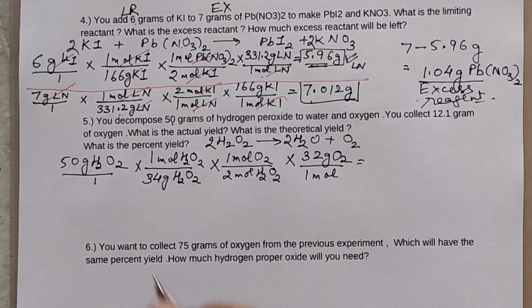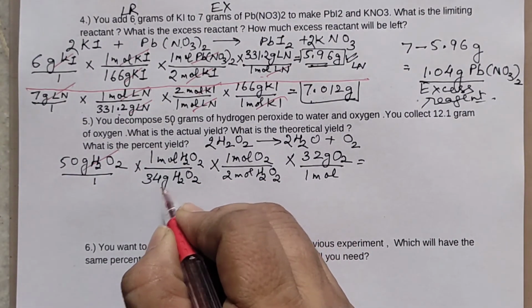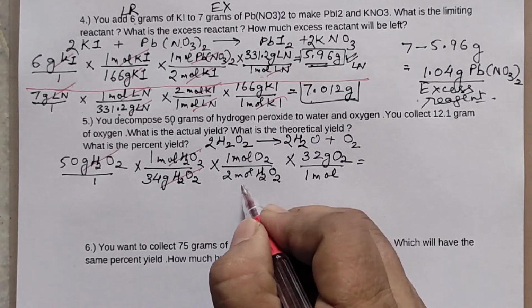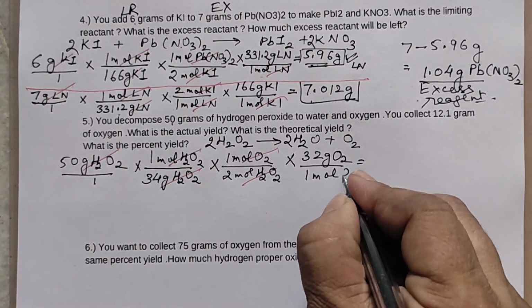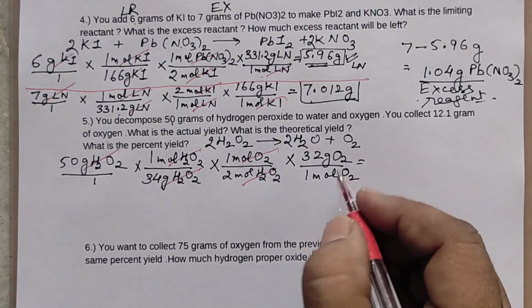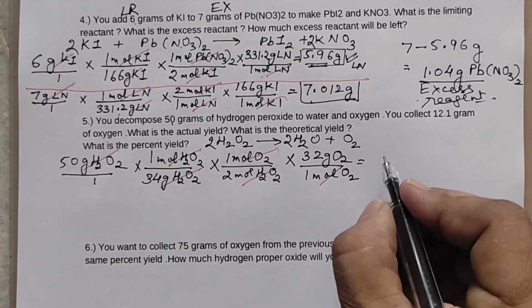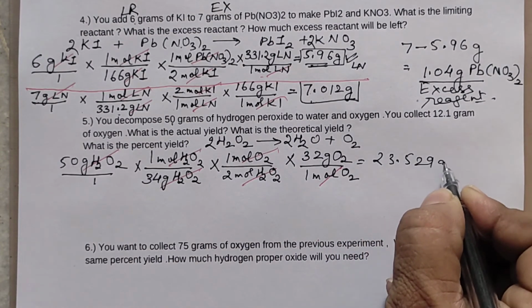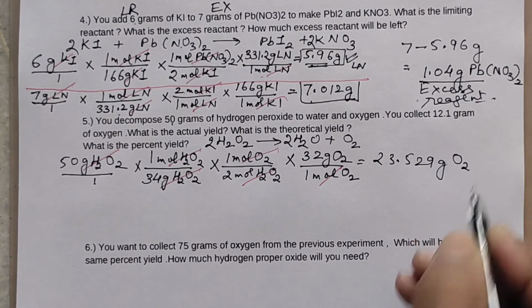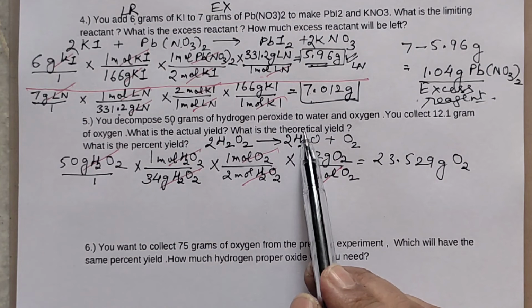Cancel out. If they are not getting cancelled means you are going wrong somewhere. Okay. So this gram of H2O2, mole of H2O2, mole of O2. This is mole of O2. Yeah. So when you solve this, you will get it around 23.529 grams. This much grams of oxygen is obtained.